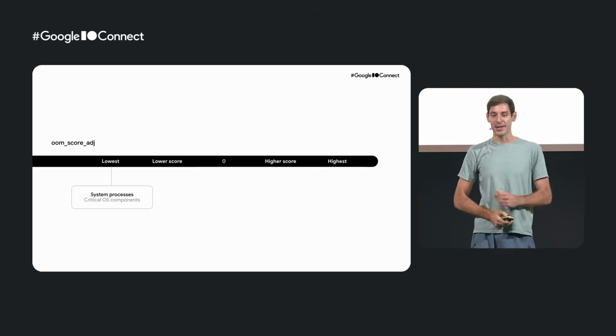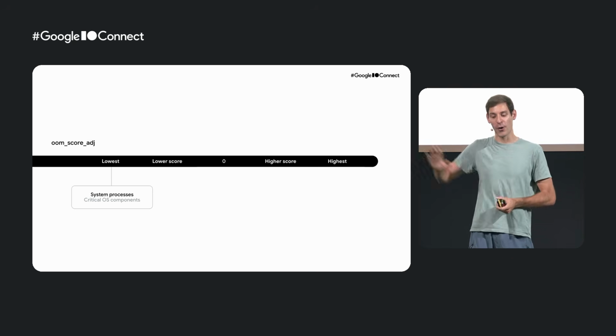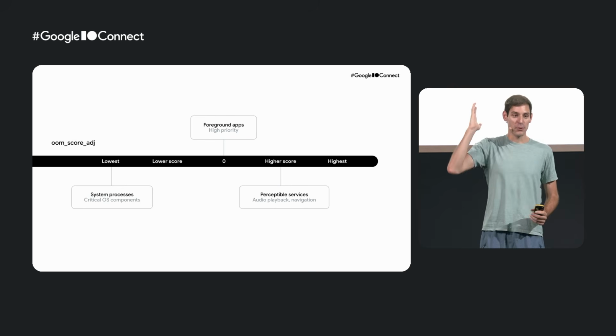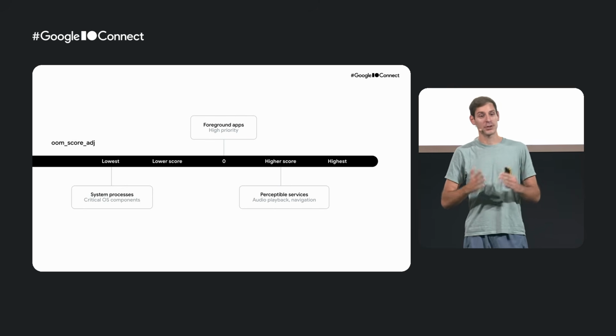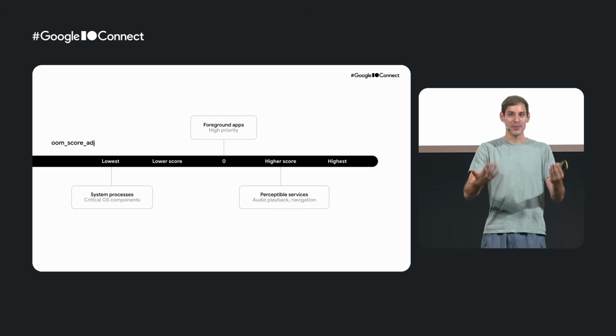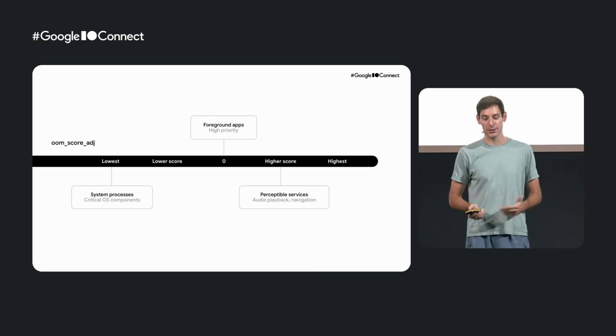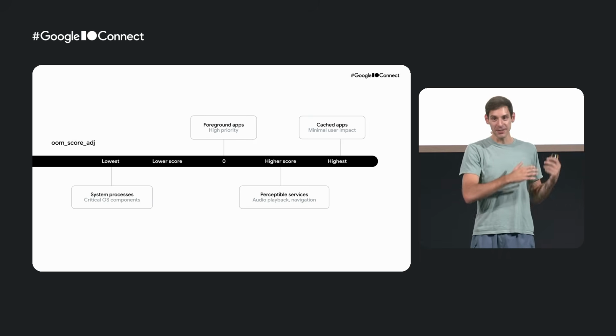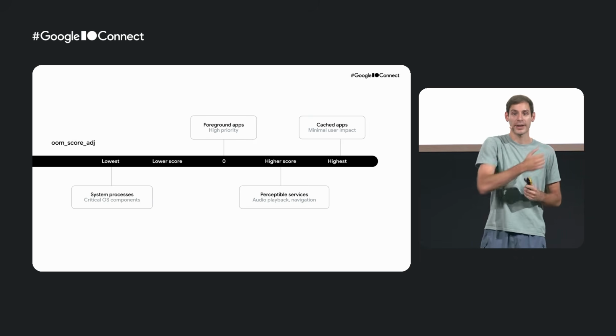So you've got the system processes out there on your left. Then we've got foreground apps. We've got perceptible apps, so something that is not in the foreground, but is still somewhat visible to the user. And then we keep going down into further and further things into the background or cached apps.